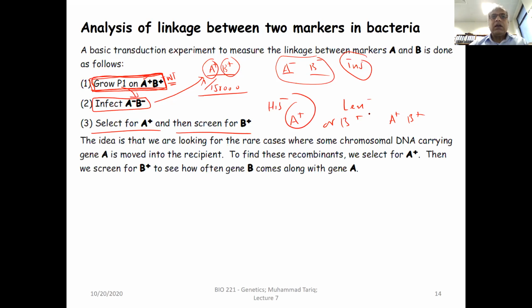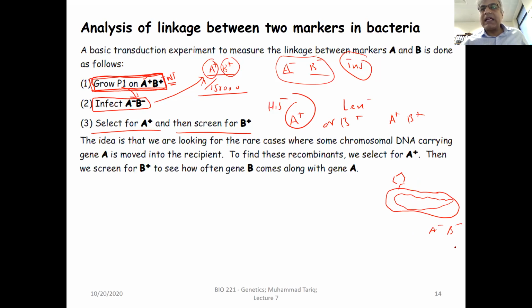Now, for example, this is your bacteria, which is A minus, B minus. You infected with individual phage particles.